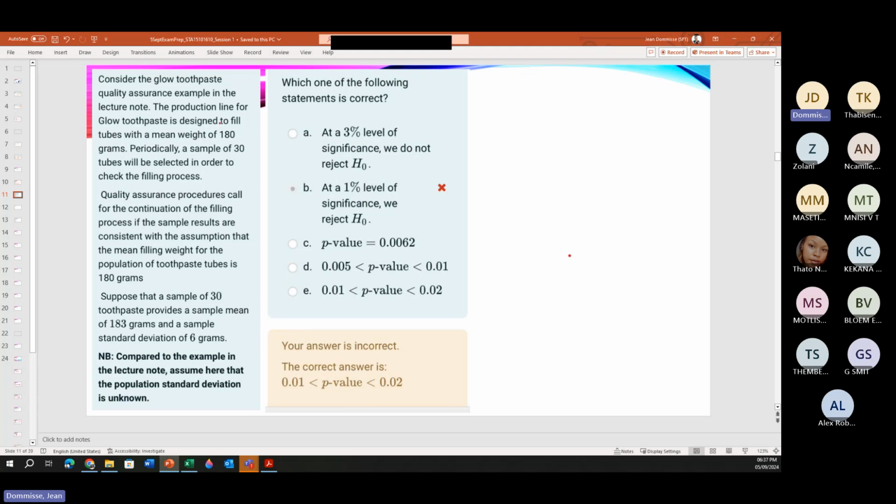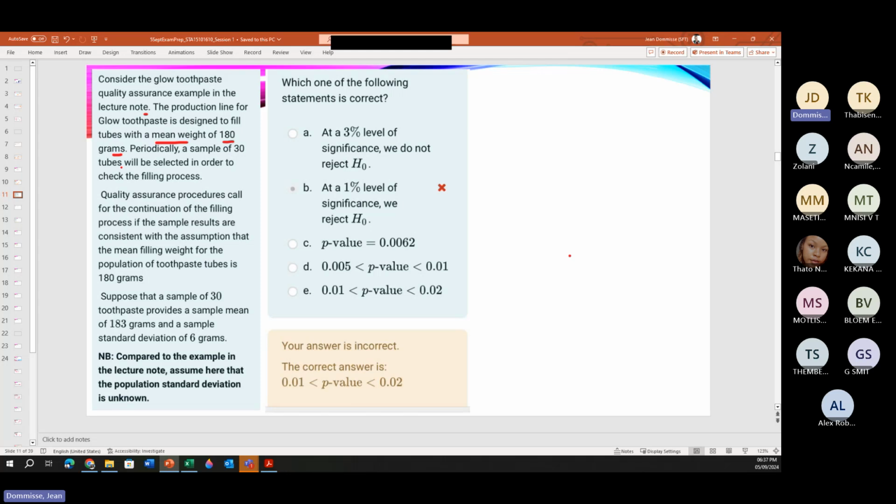Okay, so consider the Glow toothpaste quality assurance example in the lecture notes. The production line for the Glow toothpaste is designed to fill tubes with a mean weight of 180 grams.